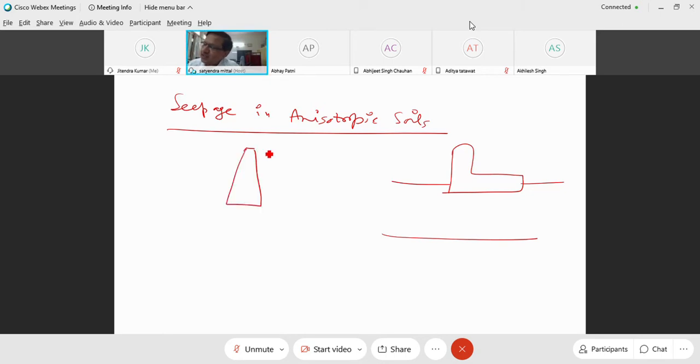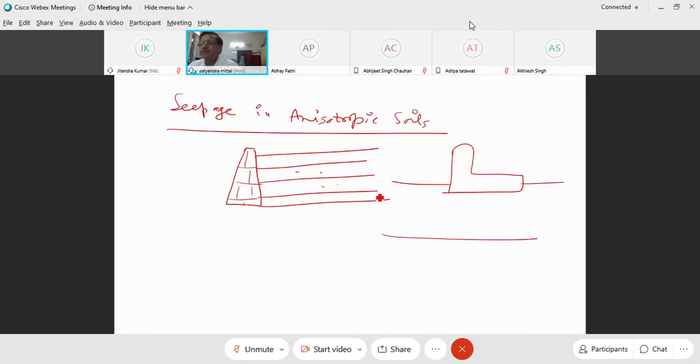Say it is a retaining wall made of stone masonry, or it can be brick masonry like this, right? And this is the backfill soil. So backfill soil is always compacted in different layers. So this is layer 1, this is layer 2, this is layer 3, layer N. It is compacted up to 98% or 95% of the Proctor density, which I had explained when I was discussing the chapter of compaction.